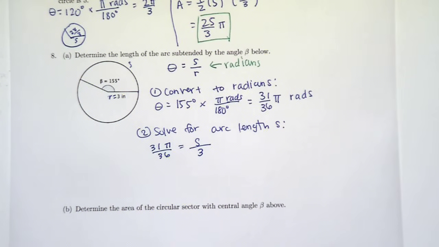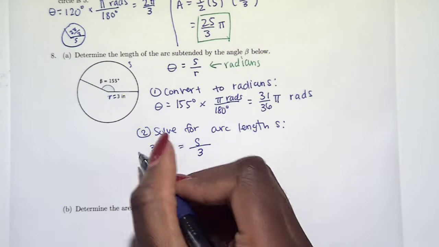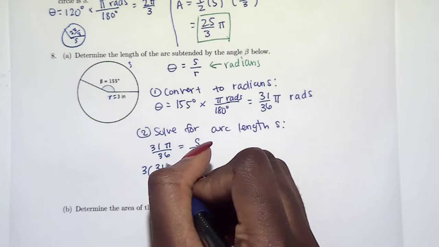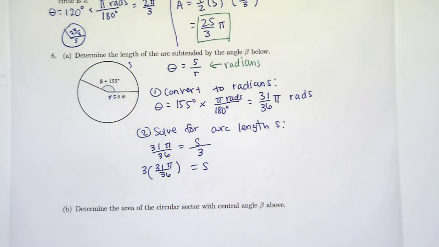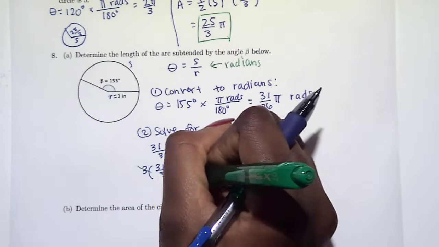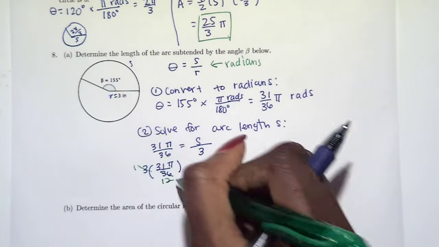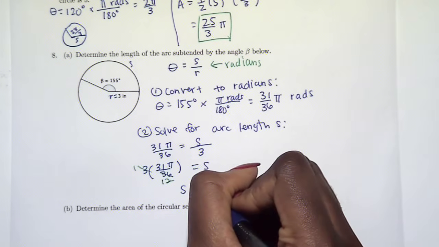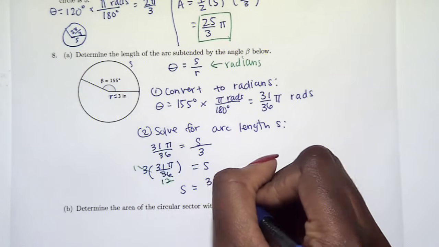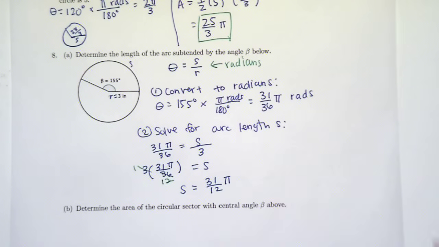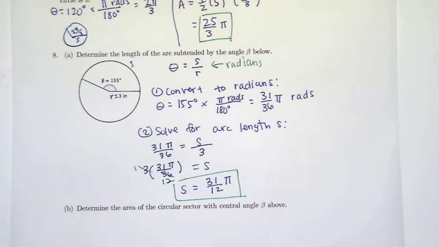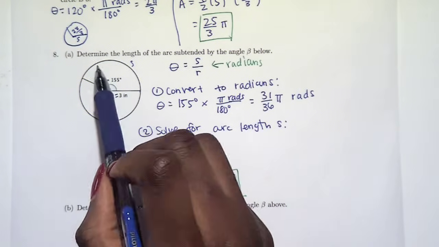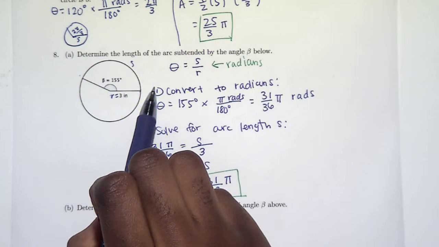All right, and so to solve for S, we just need to multiply both sides by 3. Okay, and then 3 goes into 36 12 times. So we find that S is 31 over 12 pi. So that is the length of this arc.